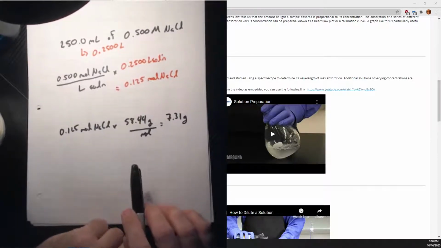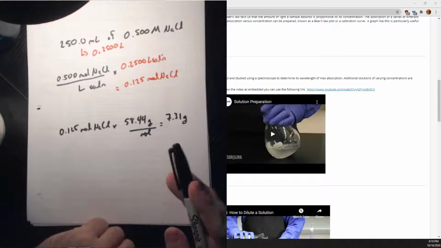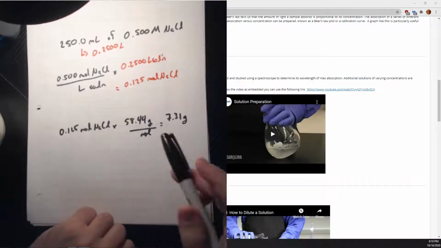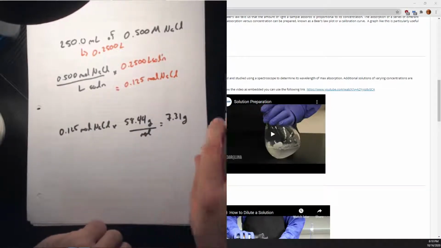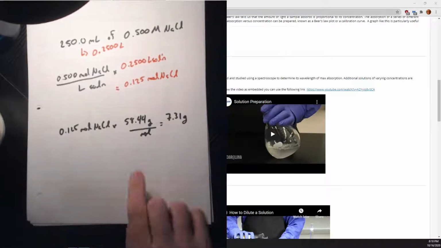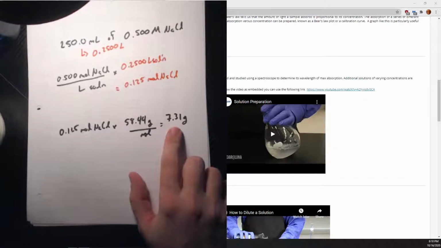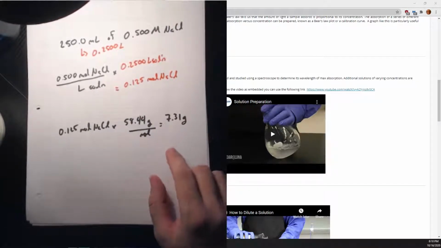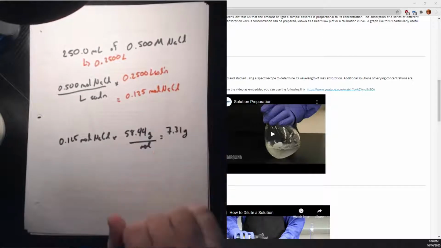Always double check my math. If I don't bring up a calculator, then I'm doing it in my head, which means I could be screwing up. In this case, I just divided by 8. Anyway. So once again, you dissolve 7.31 grams of our sodium chloride, table salt, in a little bit of water, and then we add volume until we get to 250 mils.